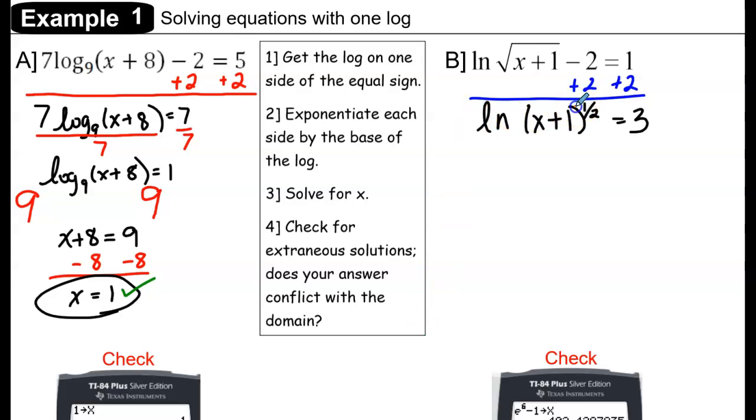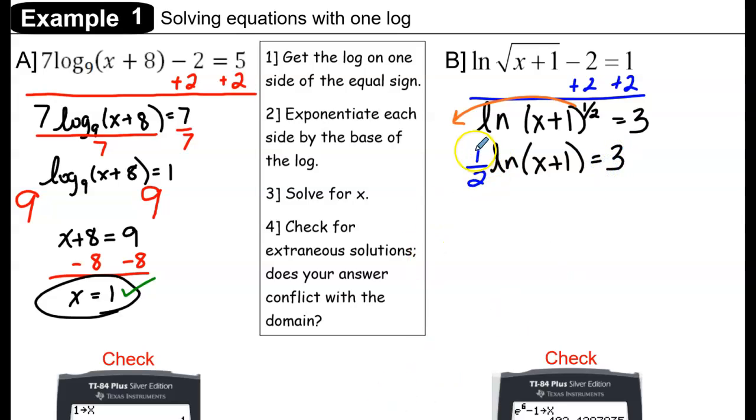Then I can use the power property to make that exponent of 1/2 the coefficient on my natural log. So now I have 1/2 natural log of the quantity x plus 1 is equal to 3.